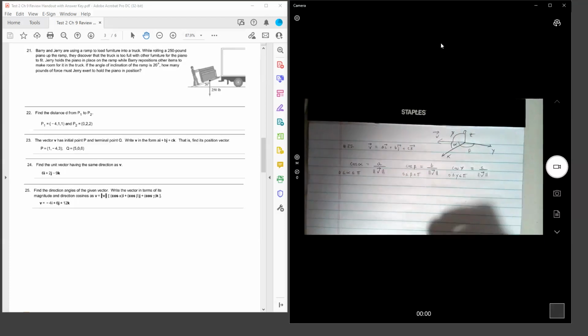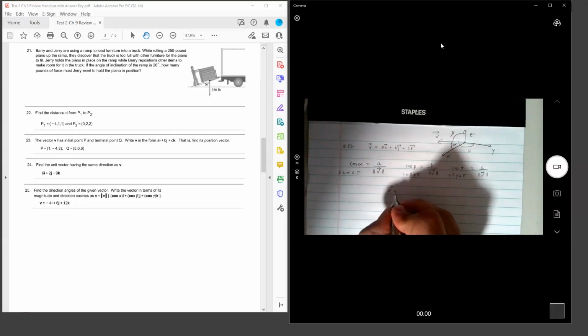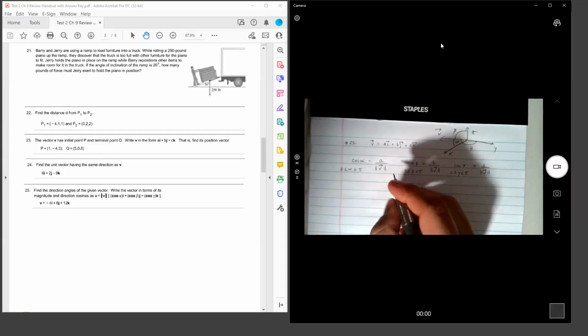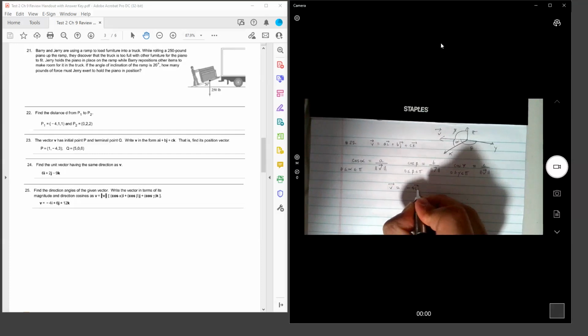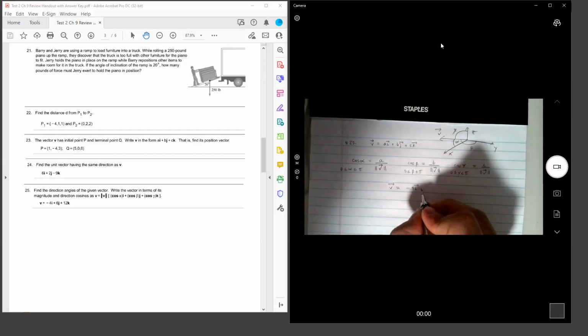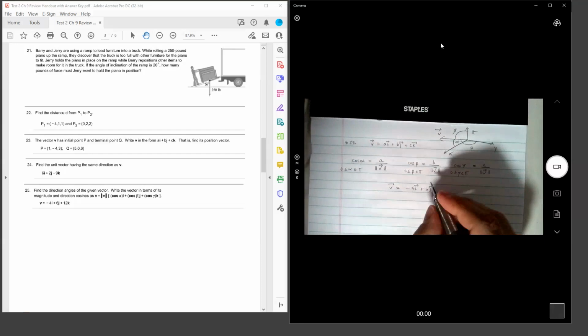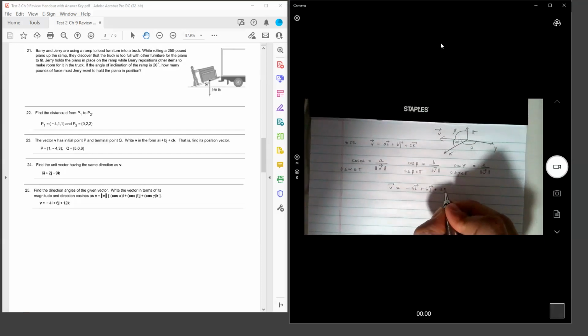All right, so here we have the vector v as negative 4i plus 6j plus 12k.